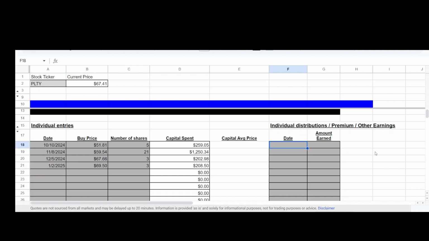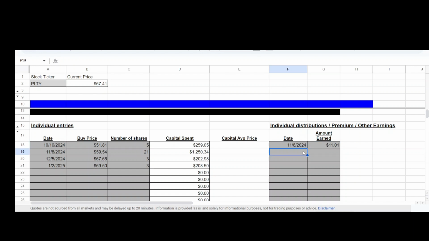Now I can go over to my premiums, and I will enter those straight from my broker account as well. The first one: I got a distribution on 11/8 of 2024. I earned a total amount of $11.01.